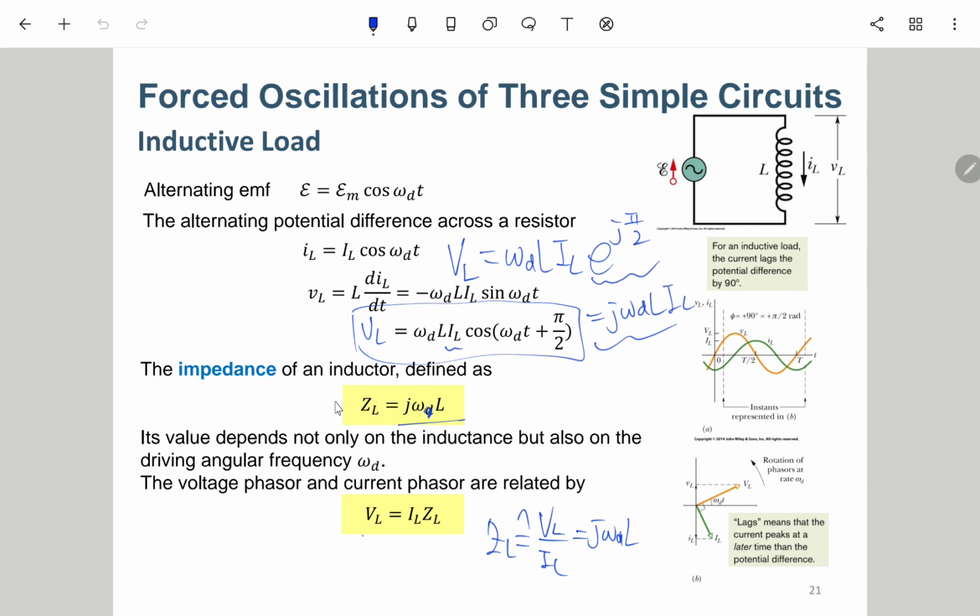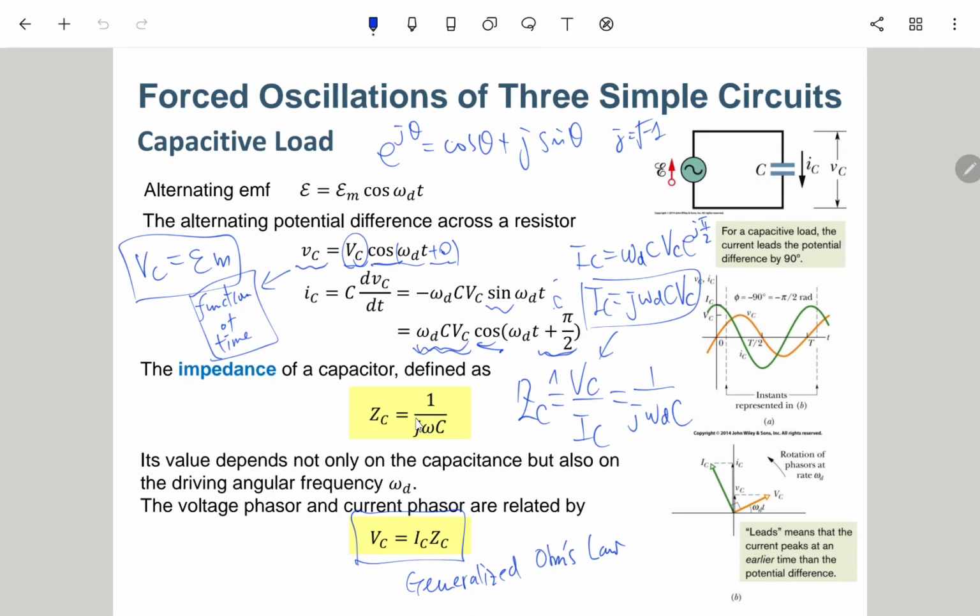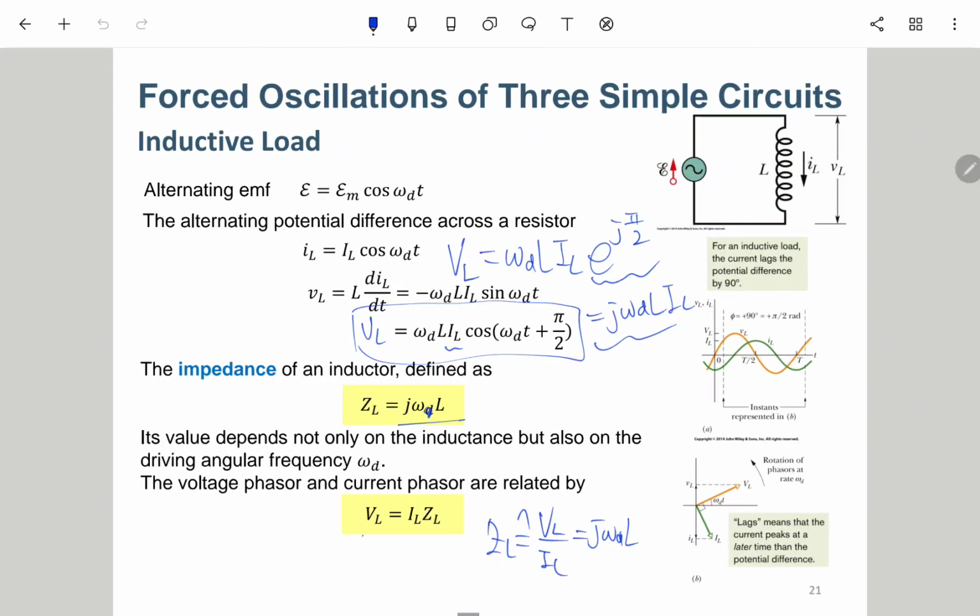So this is also a complex number. This part is in the numerator, which means a positive imaginary part. The capacitor one is something like a negative imaginary part. If you multiply j by negative j, negative j squared becomes 1, so we have something like negative j over omega C. So it is a negative imaginary part, but the inductor one is a positive imaginary part.